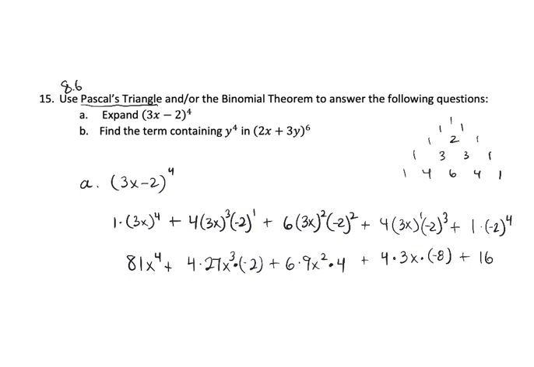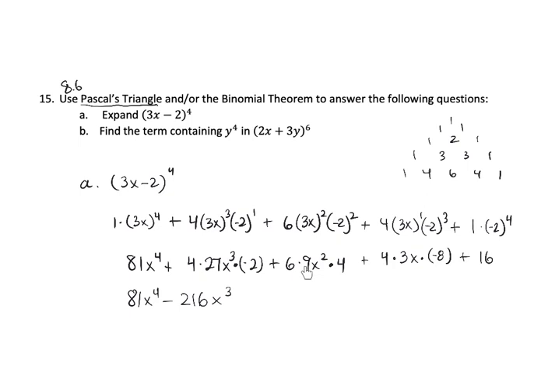So now the only thing that's left is multiplying any coefficients to make one coefficient. So the first term is just 81x to the 4th. The next term is 4 times 27 times negative 2. So we need to figure out what 4 times 27 times negative 2 is. That's negative 216. So I'm actually going to change the plus to a minus 216x to the 3rd.